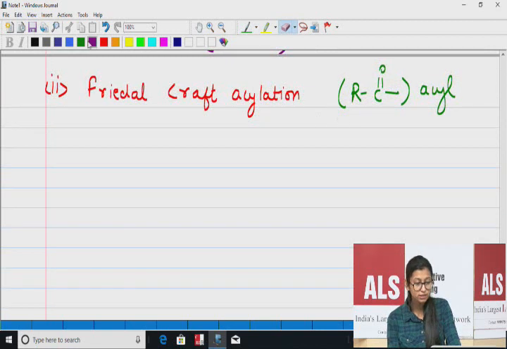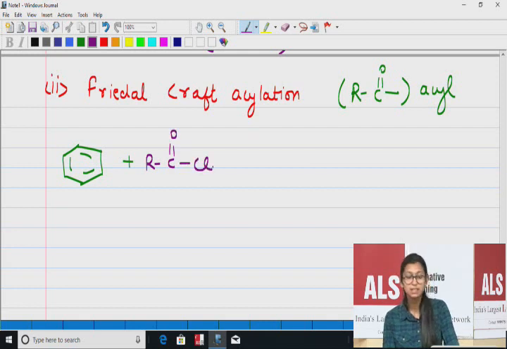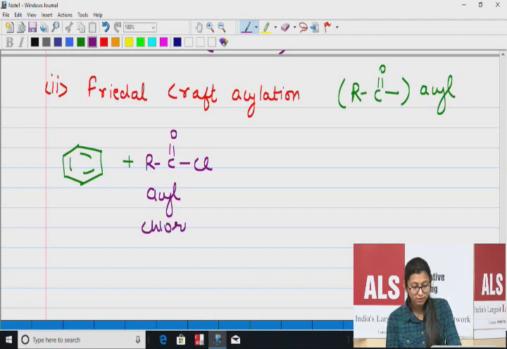Now I am writing the direct reaction first of all, then we'll talk about the mechanism. We have a benzene here, and we have CH3, or I can write R. In terms of R, let's say I have RC double bond O Cl, this is an acyl chloride.